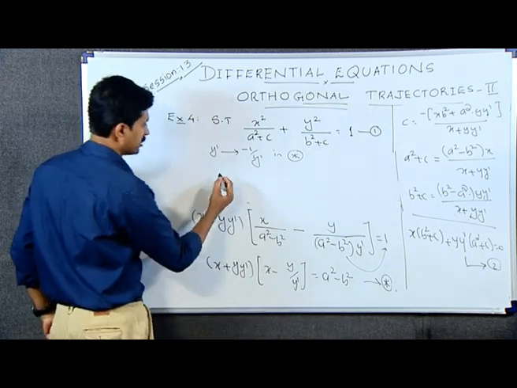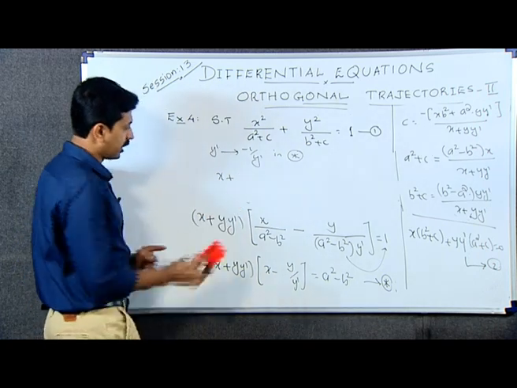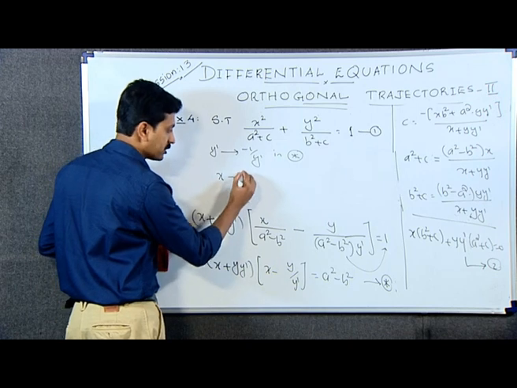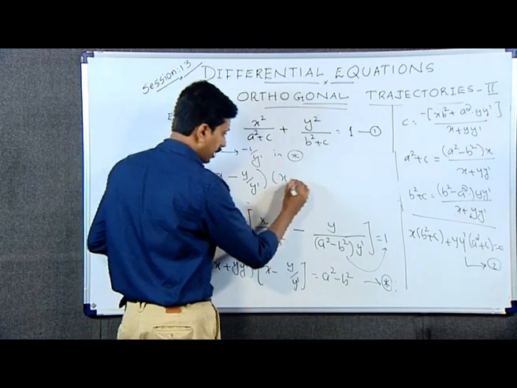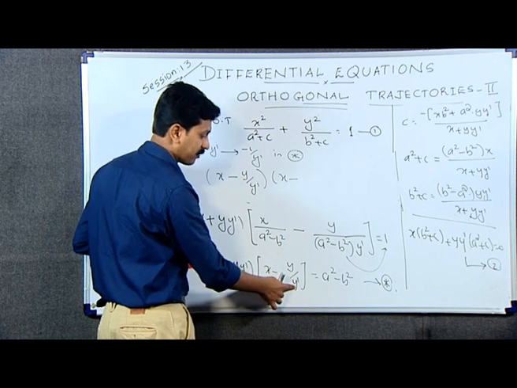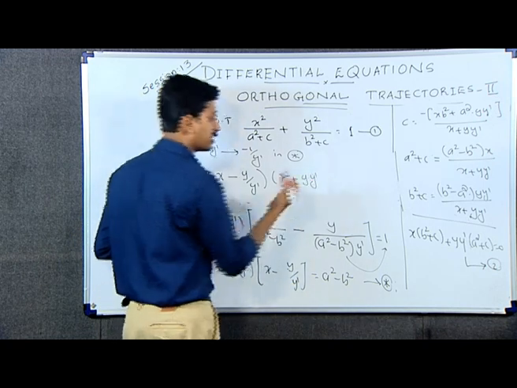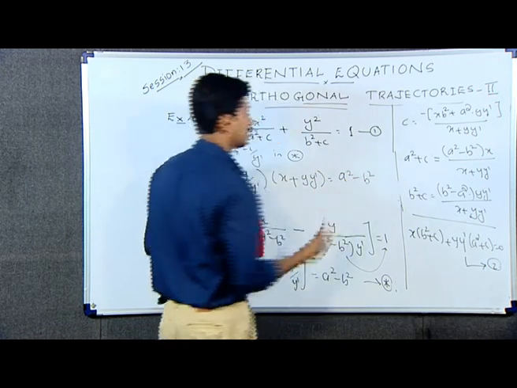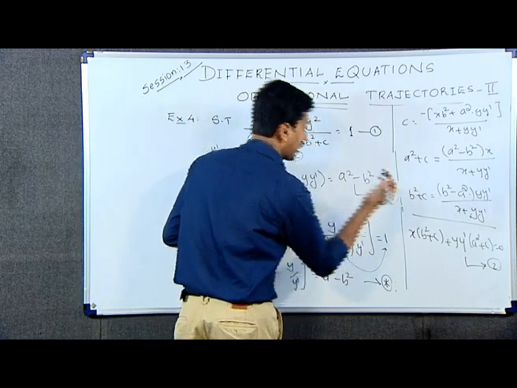What will happen is that x plus y dash is replaced by minus 1 by y dash, therefore y into y dash as minus 1 by y dash is equal to x minus y divided by y dash, and again replacing y dash as minus 1 by y dash, minus and minus will be plus, 1 by y dash is in the numerator, therefore y dash is there, equal to x square by a square minus b square. I am taking this as star dash.